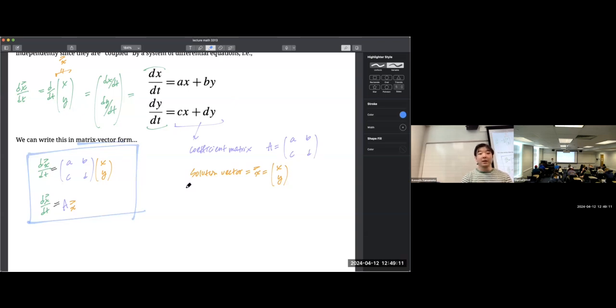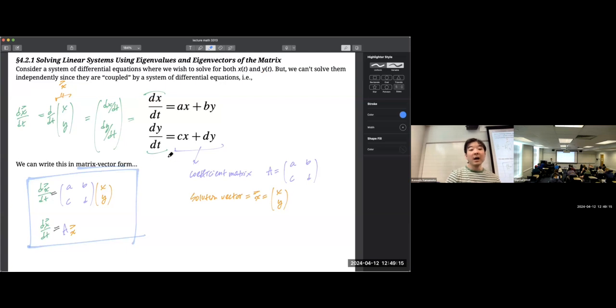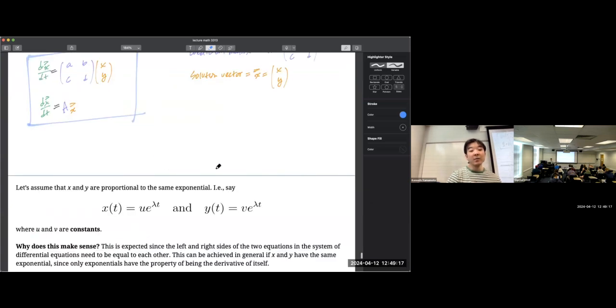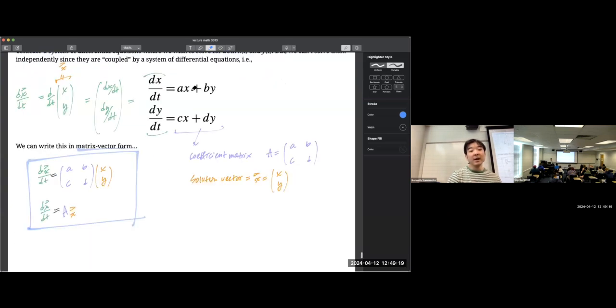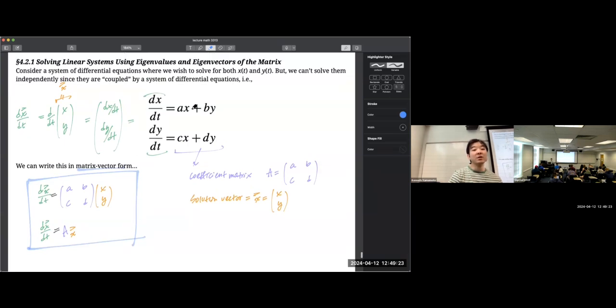Okay. So in this last minute, I wanted to point out some intuition. What kind of solution forms do you think x and y should be in order for this system to have any hope of being satisfied? For example, let's look at the first equation, dx over dt equals ax plus by.